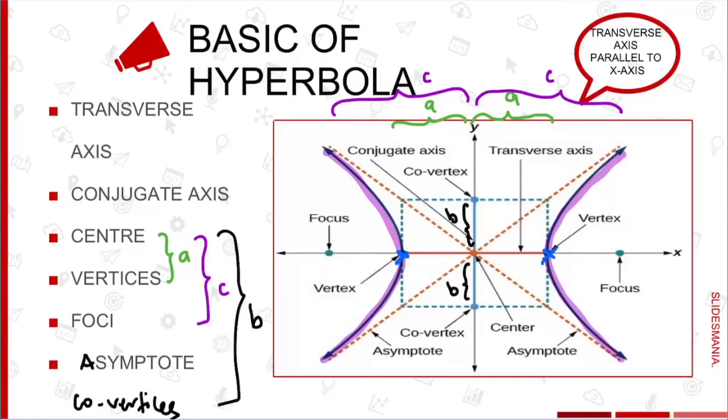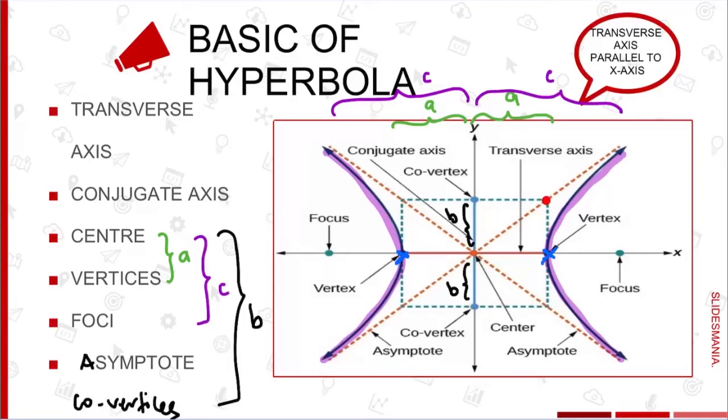So how can we get the asymptote? From the vertices here, go up as distance B, go down as distance B. For the other vertices, go up as distance B, go down as distance B. Then connect all of these lines to become a square.